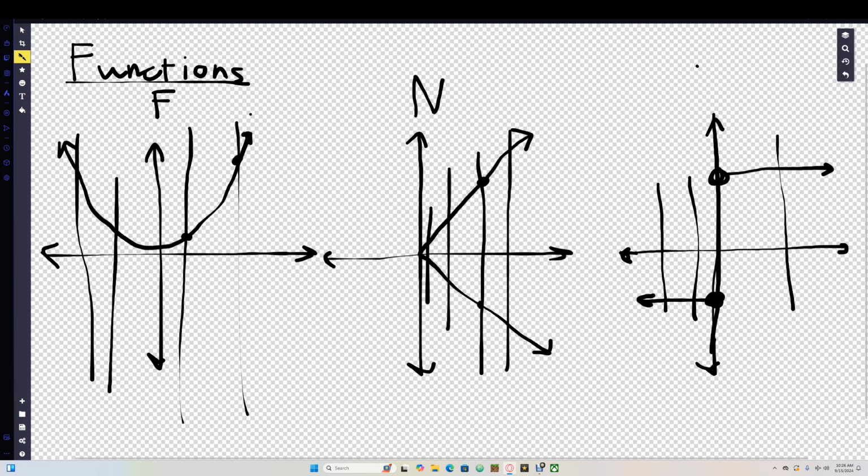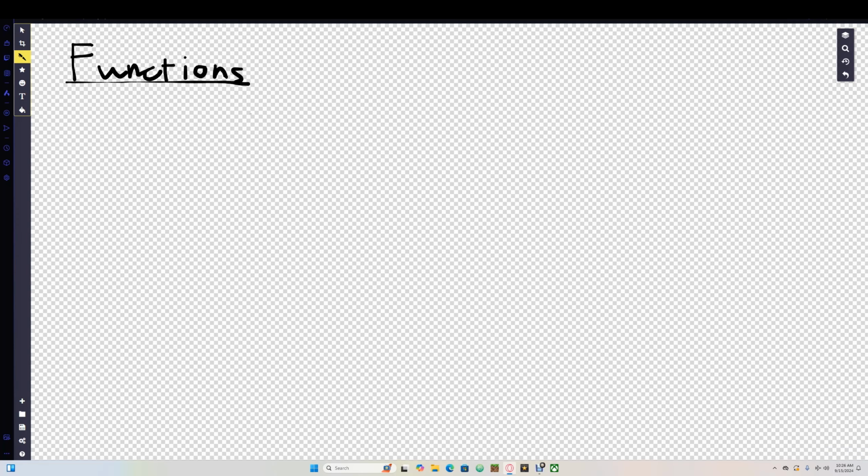So this is actually a function. Of course, if there were to be a solid dot right here, this would not be a function. But as we can see, it was a hollow dot or empty dot, so that means that it is a function.